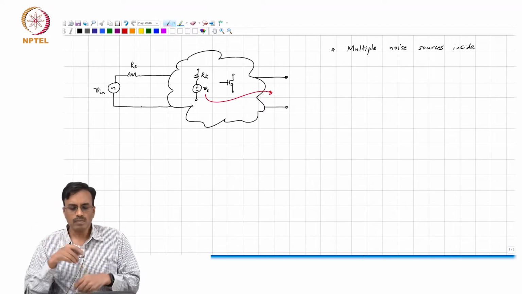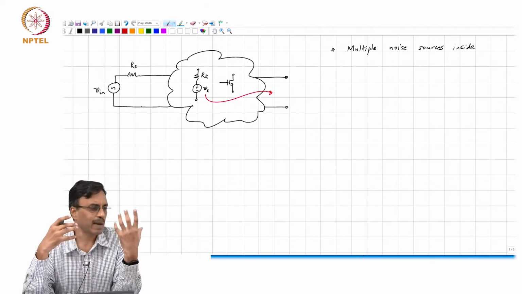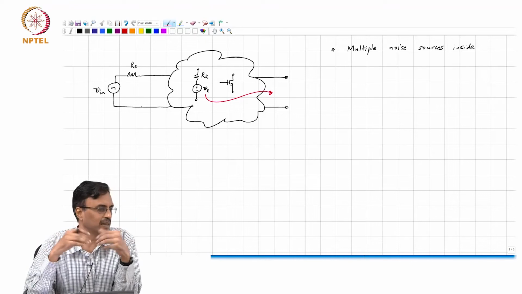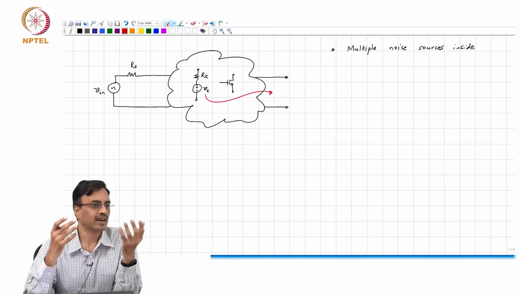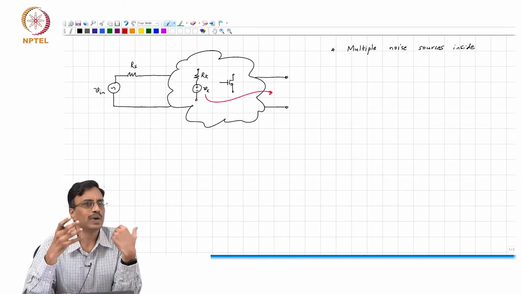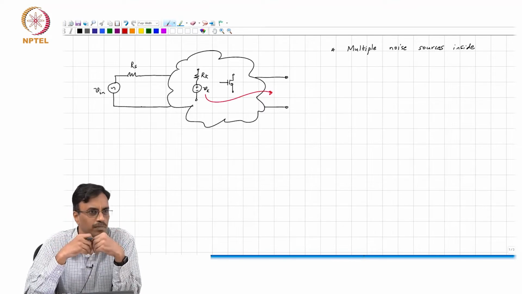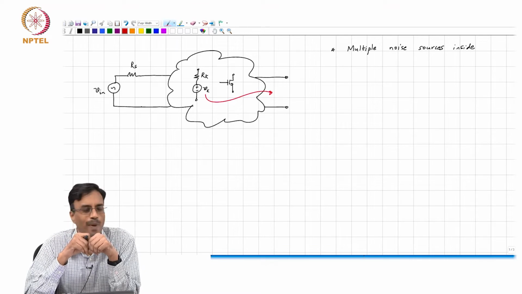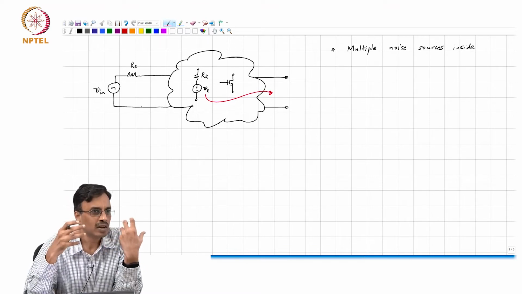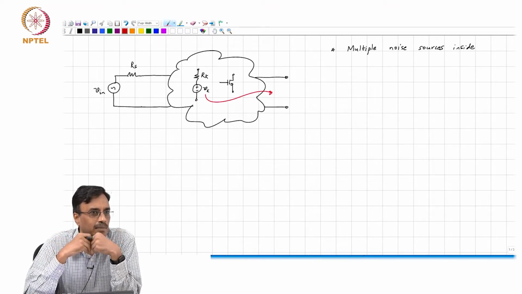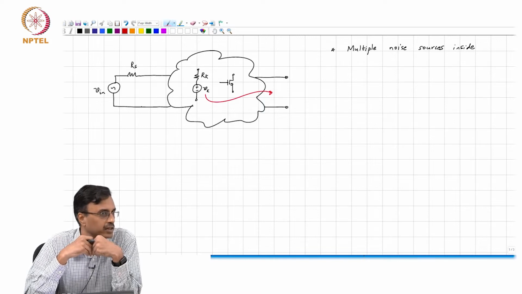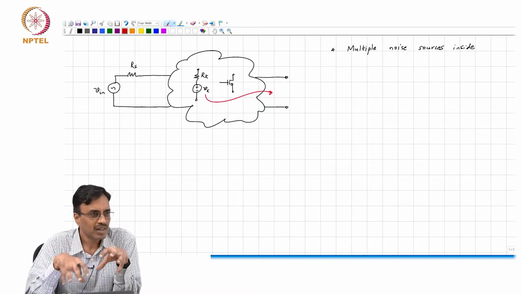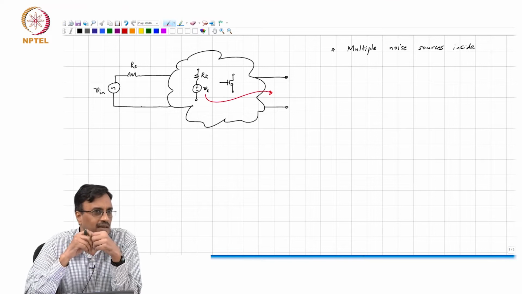So, when you are characterizing amplifiers, or filters for that matter, or any circuit, you would like to be able to figure out how bad is my signal to noise ratio getting, how badly is it getting affected because of whatever signal processing I am doing inside this box.